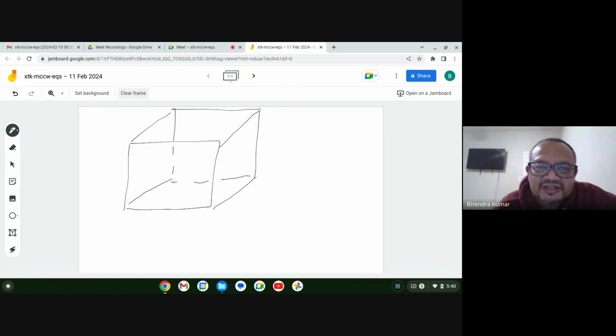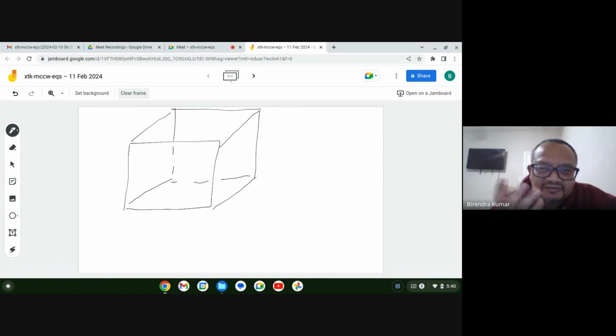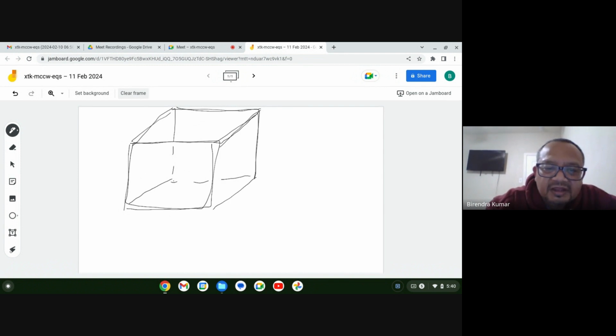How many sides do you see in a dice? Six, that's what we see, 1 to 6. So a cube, as I said, is nothing but like a dice. It also has 6 sides, and all the sides are the same, isn't it?